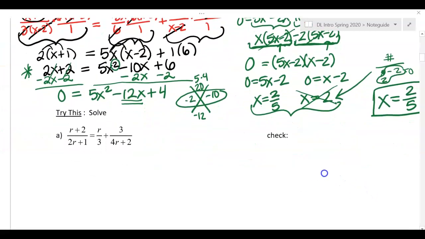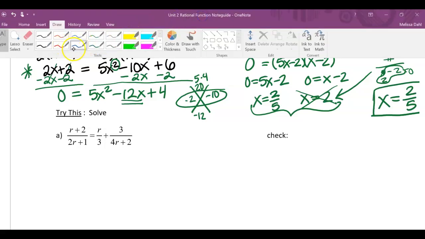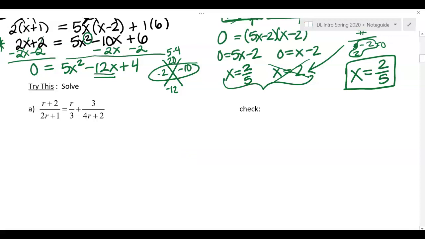All right, and we're going to try one more for you guys. So again, the key is to have the denominators factored. So this one needs to be factored here. When I take out a 2, it'll be 2r plus 1. And so the LCD I would choose for this, when I look at the first denominator, I need 2r plus 1.